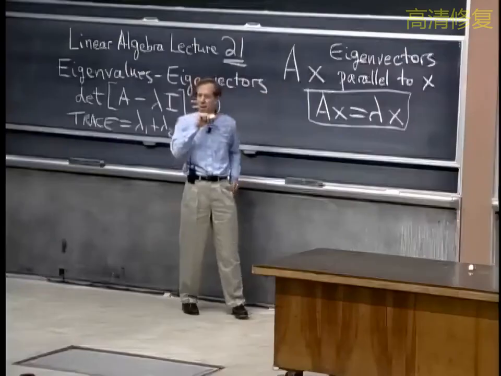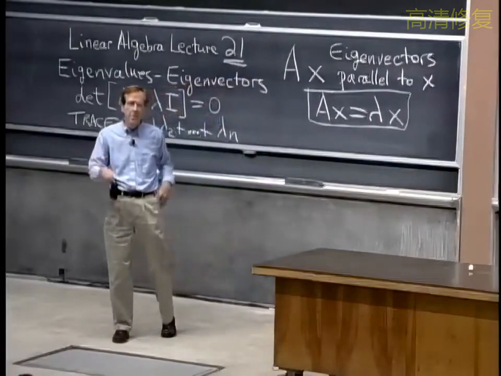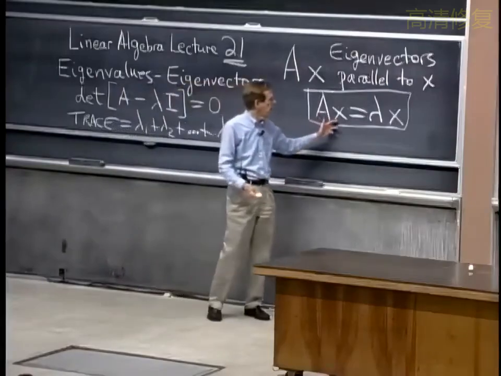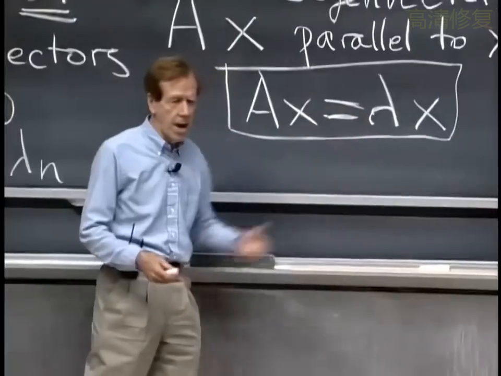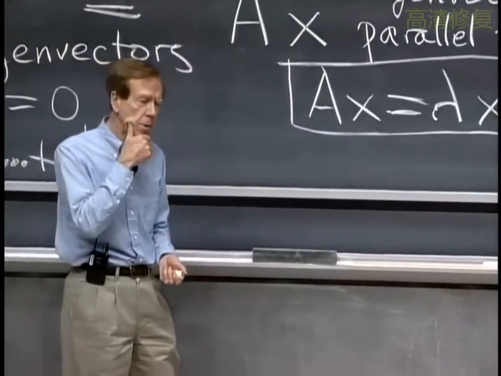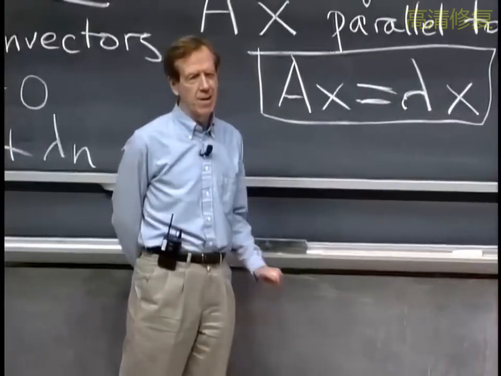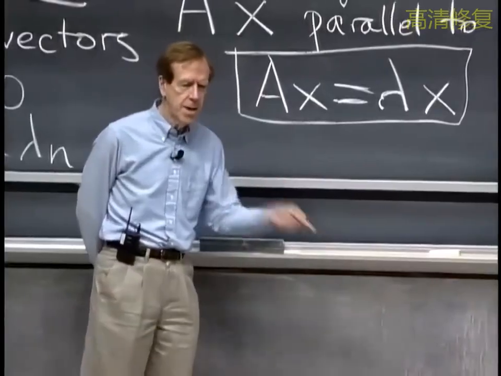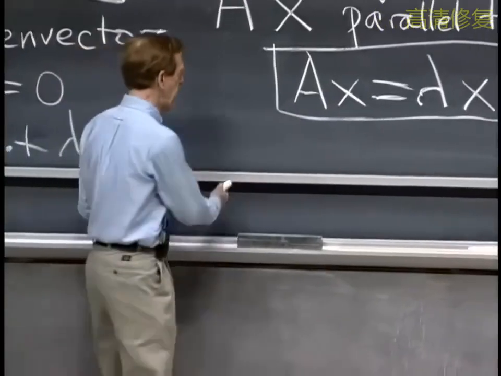Let's just take a second on eigenvalue 0. From the point of view of eigenvalues, that's no special deal. We have an eigenvector. If the eigenvalue happened to be 0, that would mean that Ax was 0x, in other words, 0. So where would we look first? What are the x's? What are the eigenvectors with eigenvalue 0? They're the guys in the null space. Ax equals 0. So if our matrix is singular, let me write this down.